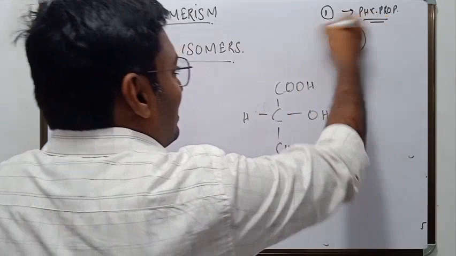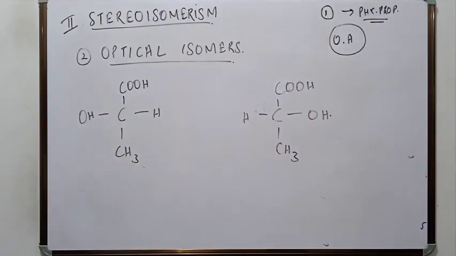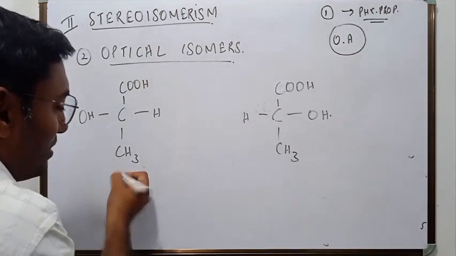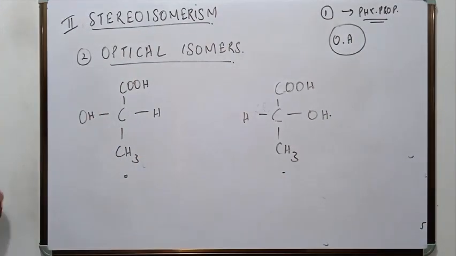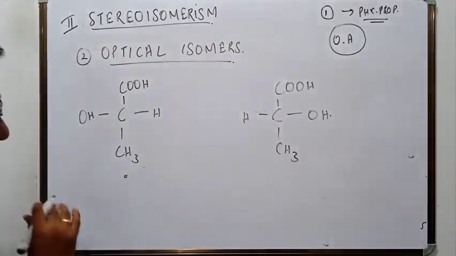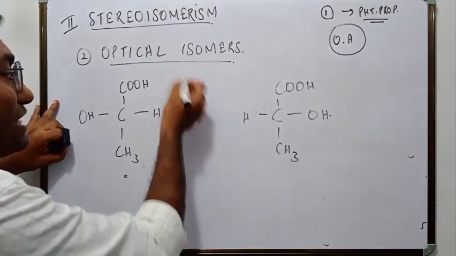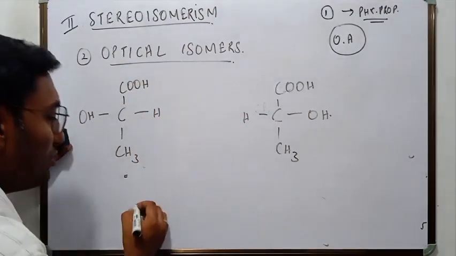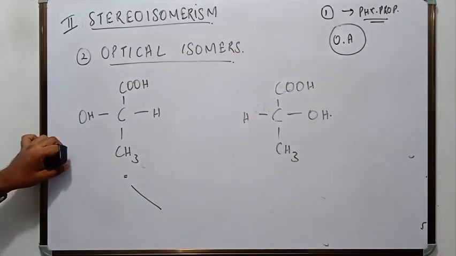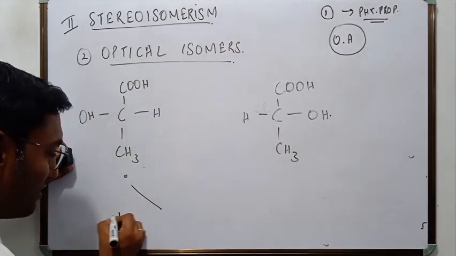What is optical activity? It is the activity that it exhibits on plane polarized light. One of the isomers, maybe this one, assume it to be this, exhibits an activity that rotates the plane of polarized light towards the right direction. In that case, that isomer is referred to as the plus isomer.